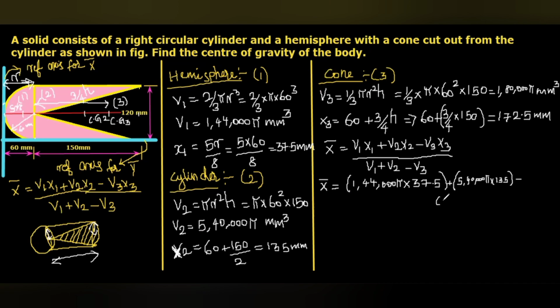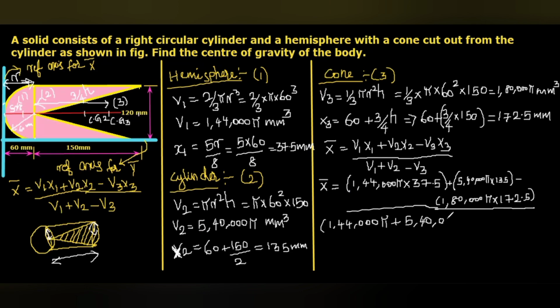So V3, 1,80,000 pi multiplied with x3, 172.5, the whole divided by V1, that is 1,44,000 pi plus V2, that is 5,40,000 pi minus V3, that is 1,80,000 pi.